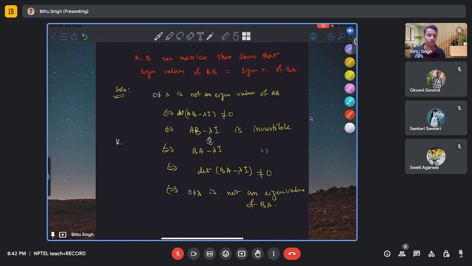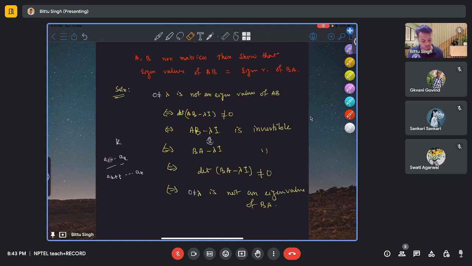AB has the eigenvalues a1 up to ak, and BA also has those eigenvalues. Then the remaining ak plus 1 up to an are zero eigenvalues. Then the remaining eigenvalues of BA must be zero, right? Because there are n minus k remaining ones for AB and BA both.